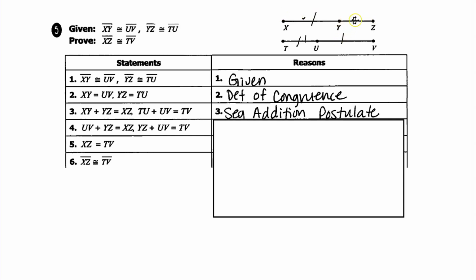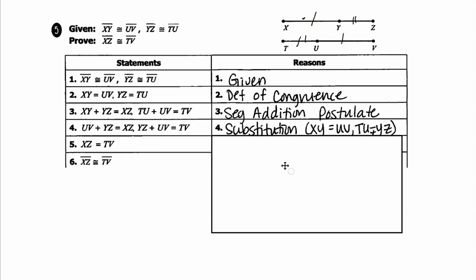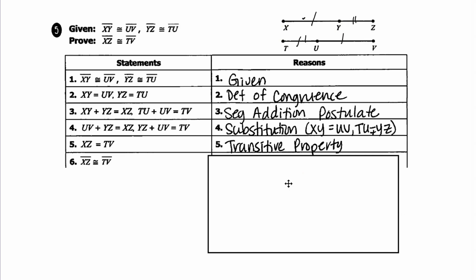Because this plus this is going to equal this line because UV and XY are the same, right? So all we're doing is substituting things. Then finally, XZ equals TV. Why? Because it's transitive property. See how you have XY and TV, they're both equal to each other, and all of these just cancel each other out. Then finally, congruence.